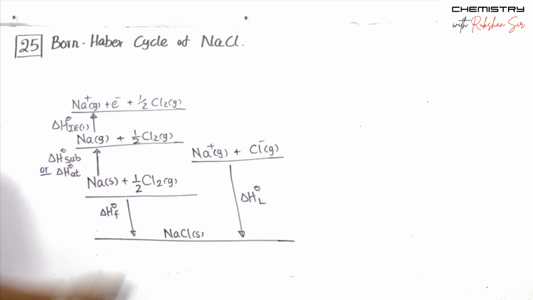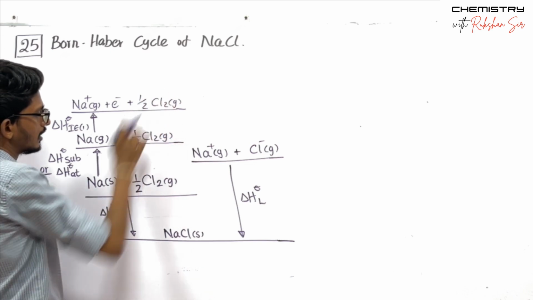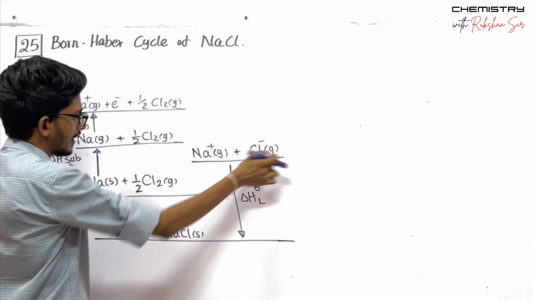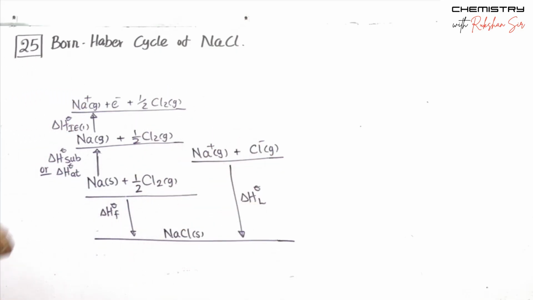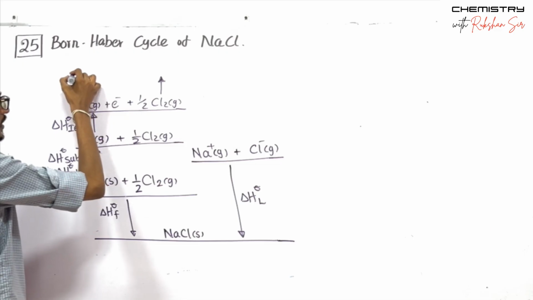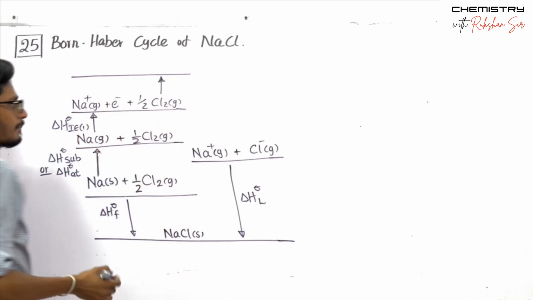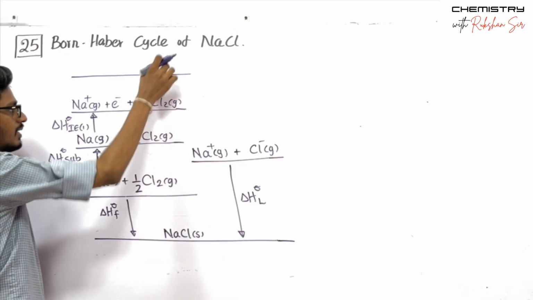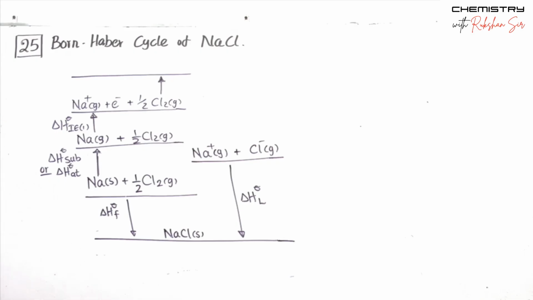Then we have to come up with the monoatomic gaseous form of chlorine as well, to do the electron gain for the chlorine to come up as Cl minus gas. That can be done by applying a bond dissociation to Cl2 gas, or by doing some atomization for the Cl2 gas.